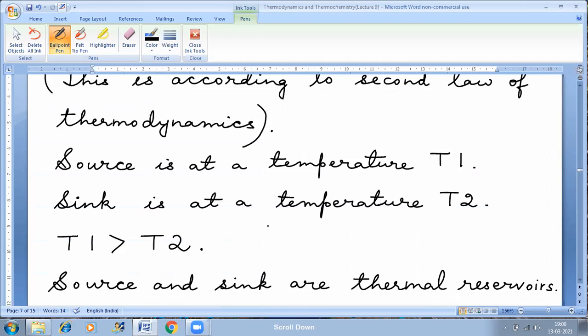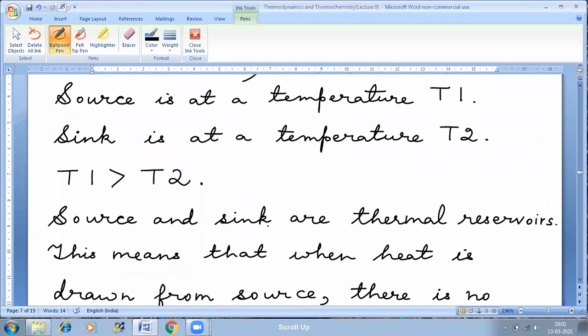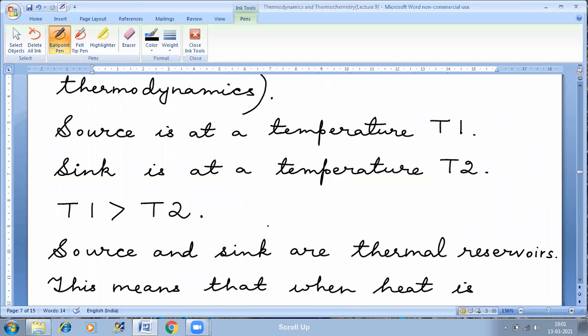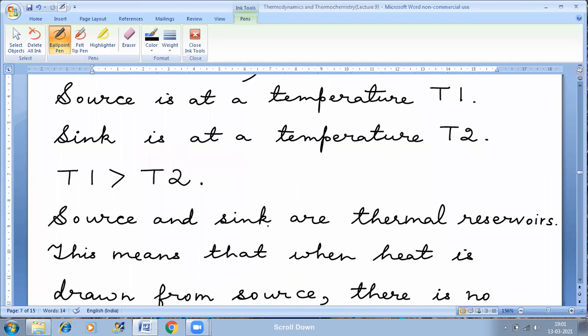Let's understand that. So there is a source. Source means a thermal reservoir at a temperature T1. And there is a sink, which is again a thermal reservoir, at a temperature T2. And T1 is more than T2.